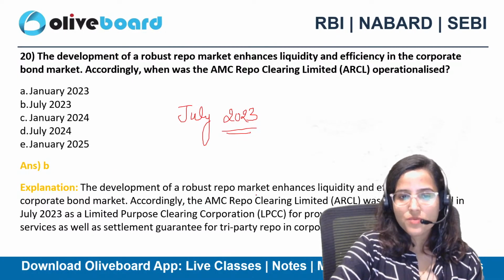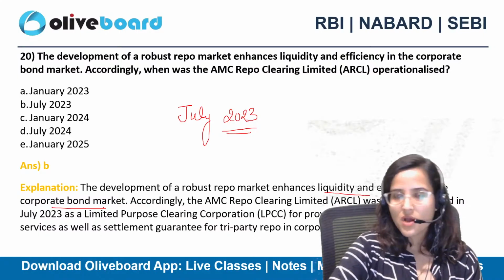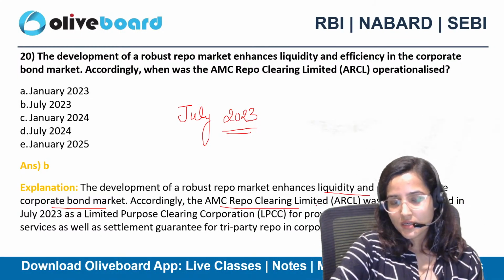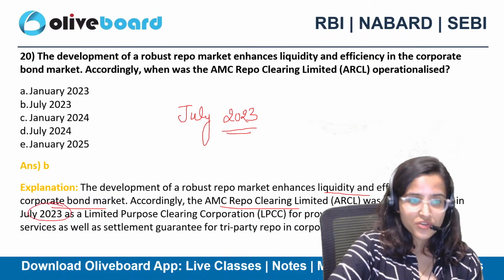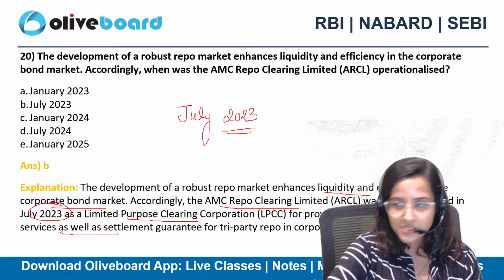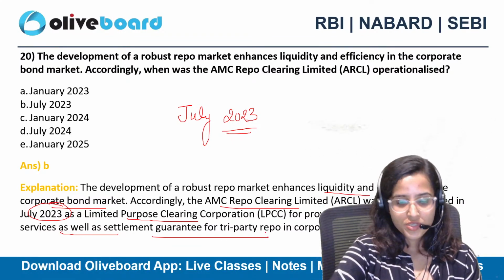The development of a robust repo market enhances liquidity and efficiency in the corporate bond market. So AMC Repo Clearing Limited was operationalized in July 23 as a limited purpose clearing corporation for providing clearing and settlement services as well as settlement guarantee for tri-party repo and corporate debt securities.